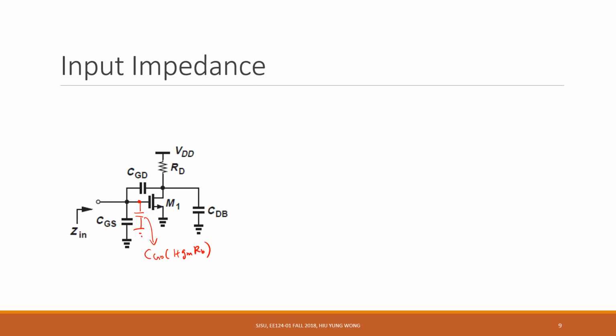And because of this, what is Zin, the input impedance? We remove this and use the Miller capacitance. So Zin is of course equal to 1 over, let me just call this C1, s times (CGS plus C1). And what is C1?